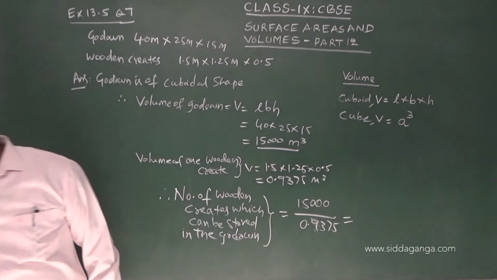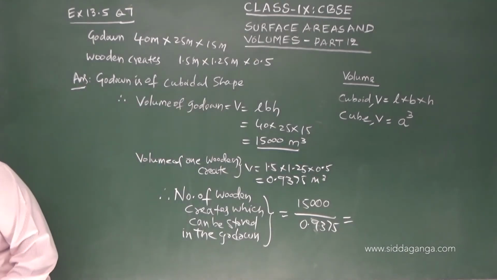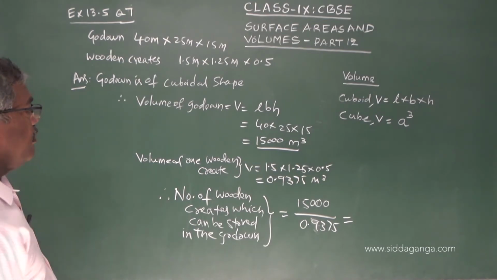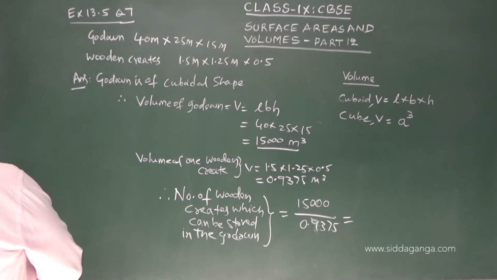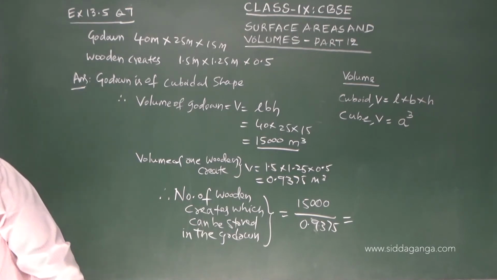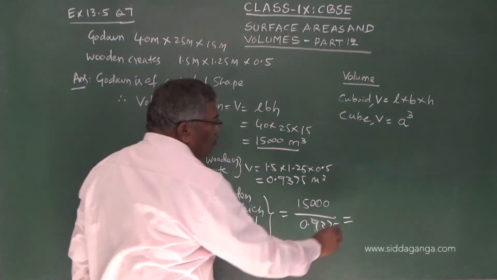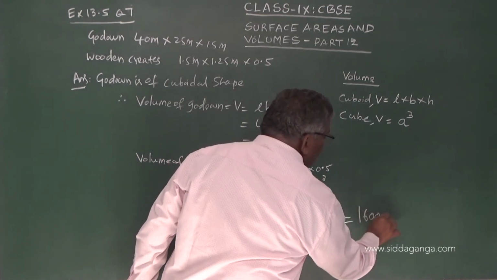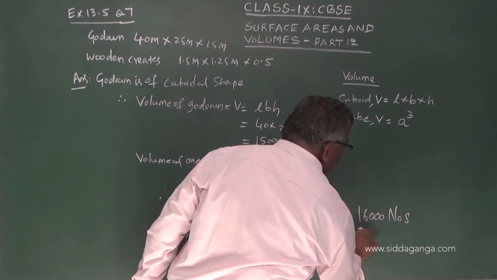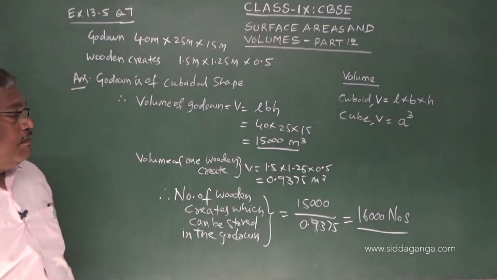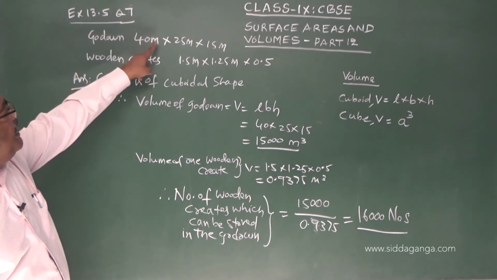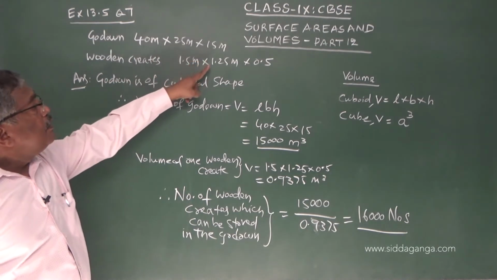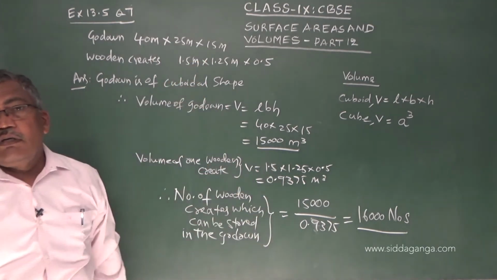This equals, so it works out to be 16,000 numbers. In a godown of 40 meter by 20 meter by 15 meter, one can store that many crates.